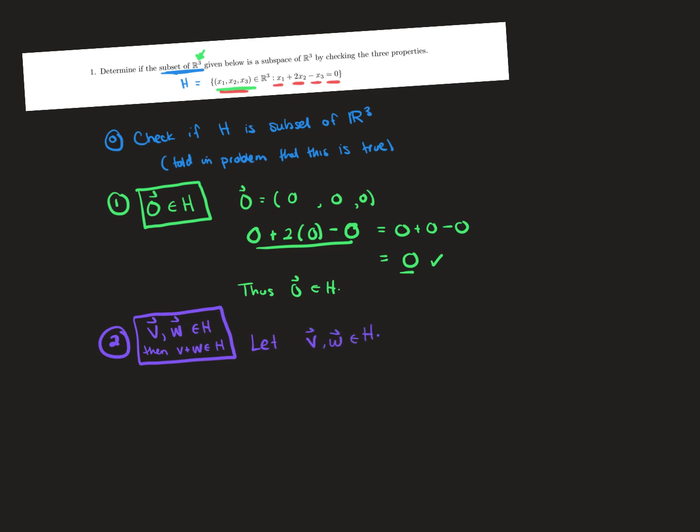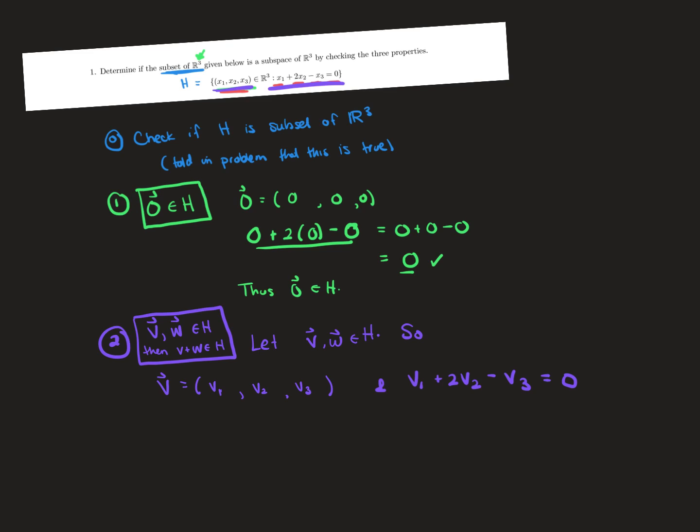Now I'm going to write down the rule that they must satisfy in order to be in H. V has to equal something of the form x1, x2, x3, and I'm allowed to use whatever variables I want, so maybe I'll use V1, V2, and V3, just so I remember that this is V. I know it satisfies the rule to be in H, so the first thing plus 2 times the second thing minus the third thing has to be 0.